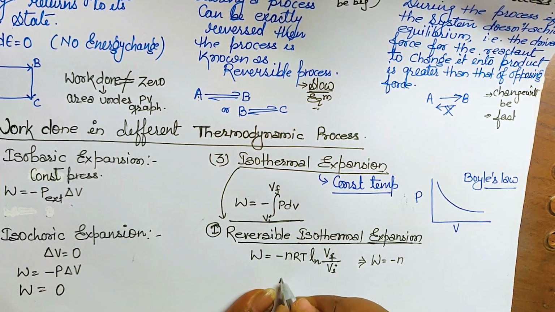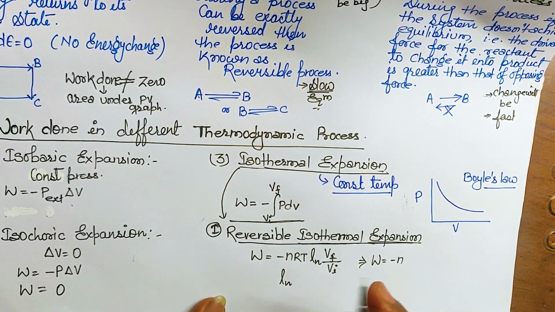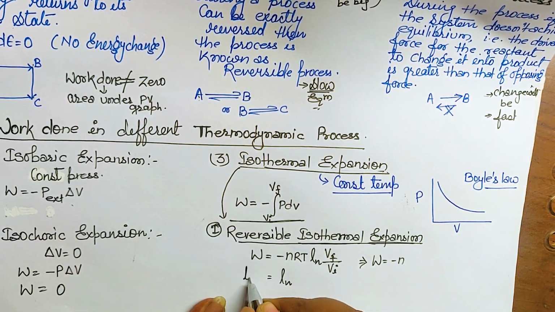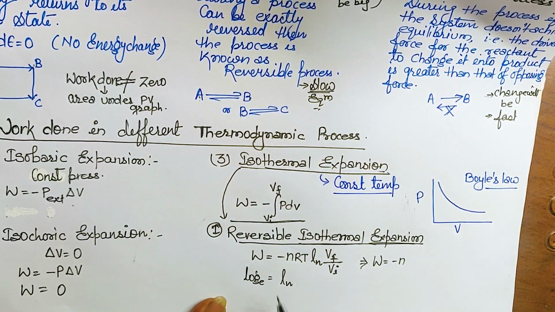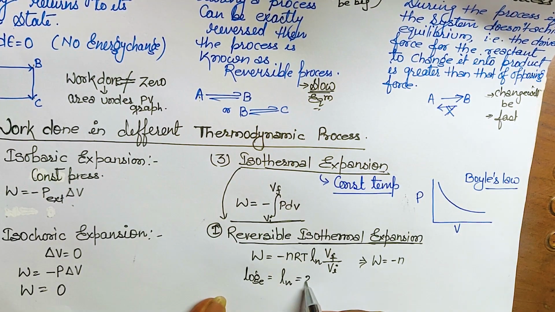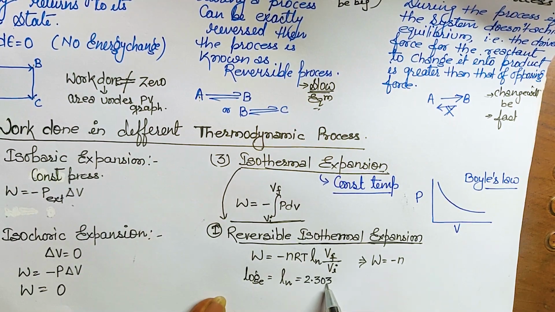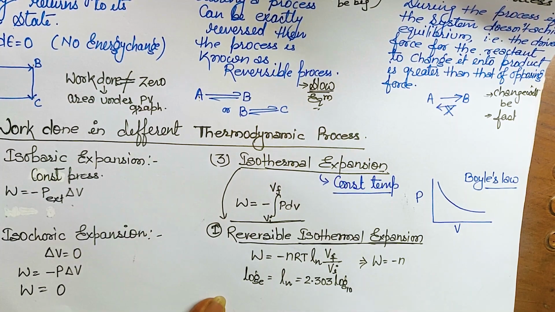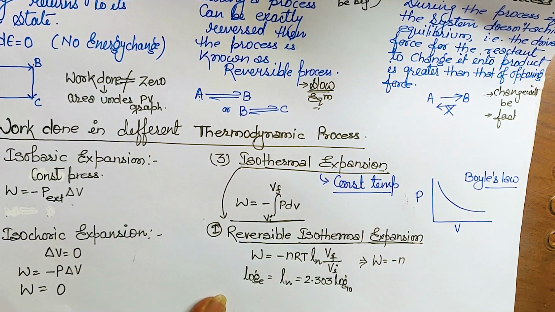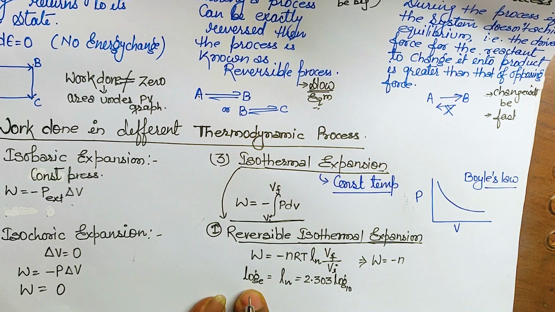And since we cannot find the value of natural logarithm, this can also be written as log to the base e. Okay, dear? So we cannot find the value in this, so it is 2.303 log to the base 10. To avoid the confusion, whenever I am using log to the base e, I will use ln.